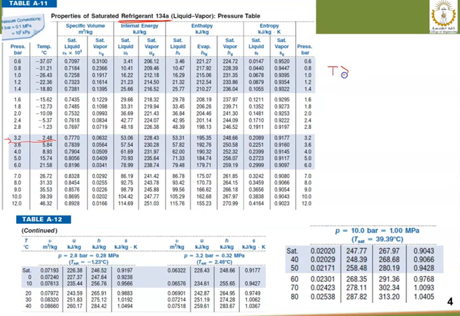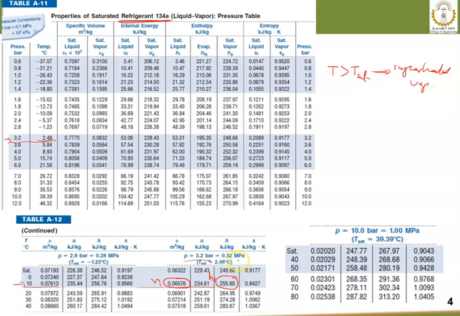So our temperature is larger than the saturation temperature, therefore this is superheated vapor. So we go to the superheated vapor table for 3.2 bar for refrigerant 134A and temperature of 10. This is the temperature of 10, and this is H, and this is V. So this is V1 and this is H1.